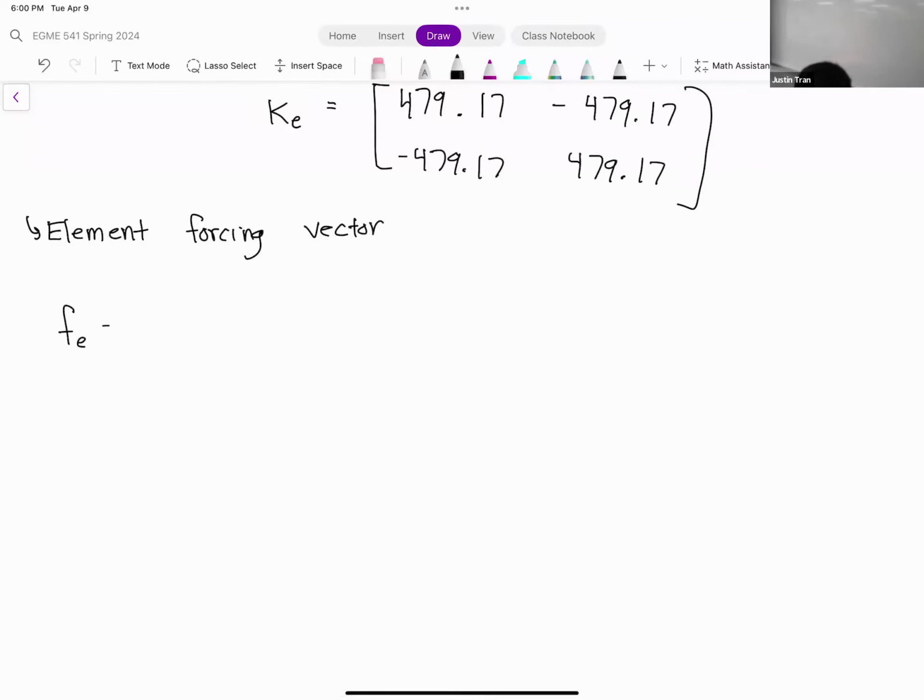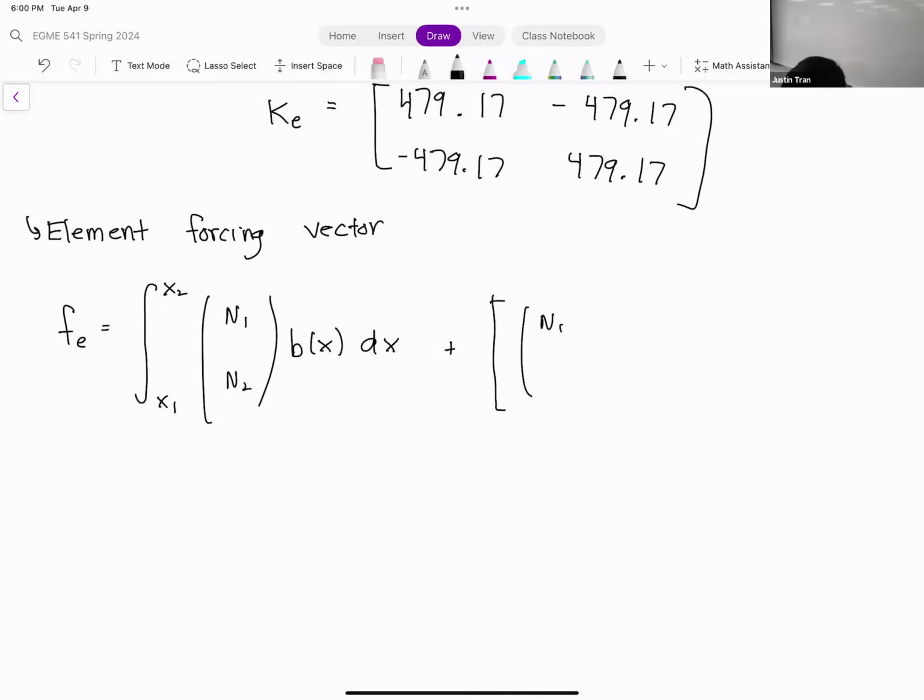So FE is equal to the integral from x1 to x2 of N1, N2, b of x dx, plus the quantity N1, N2 times A times t bar, evaluated at the Neumann boundary.